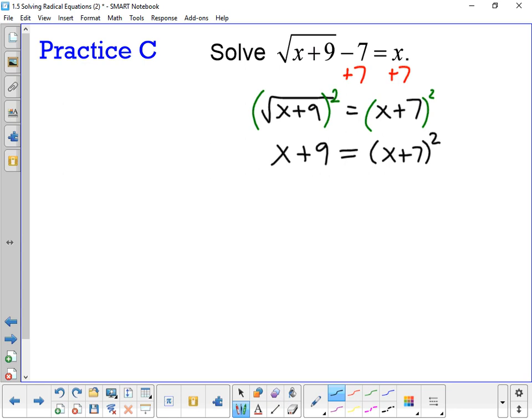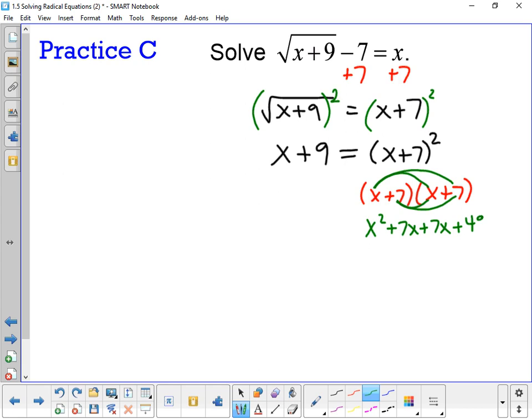Now remember, this is a binomial squared. This is x plus 7 times x plus 7. So if we distribute that, we get x squared plus 7x plus 7x plus 49. And if we combine these, we have x plus 9 equals x squared plus 14x plus 49.